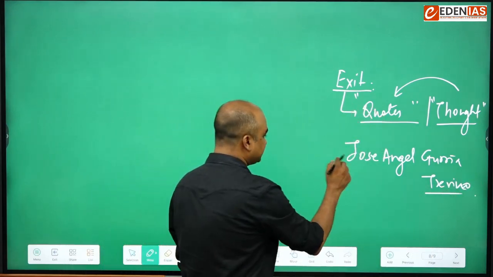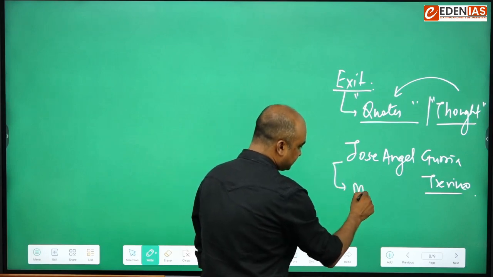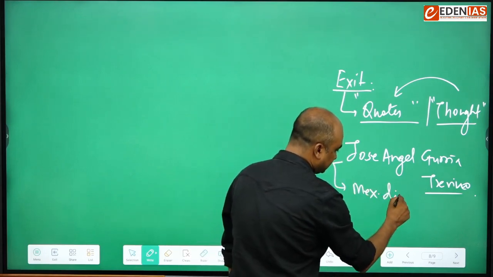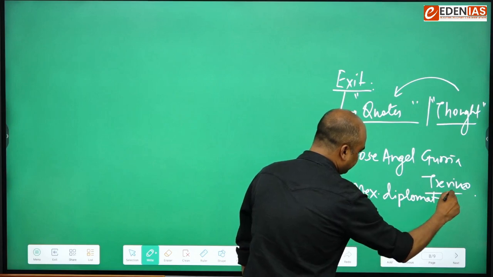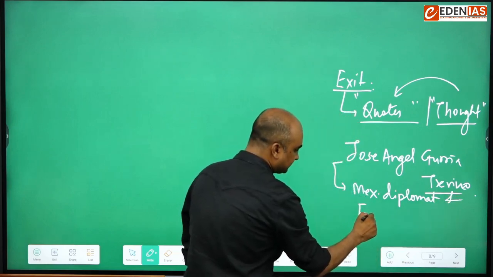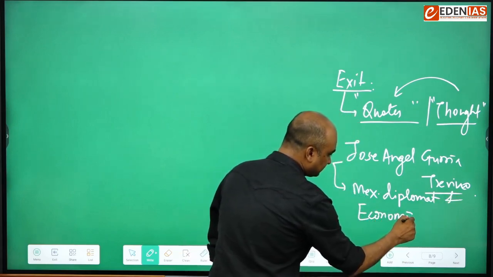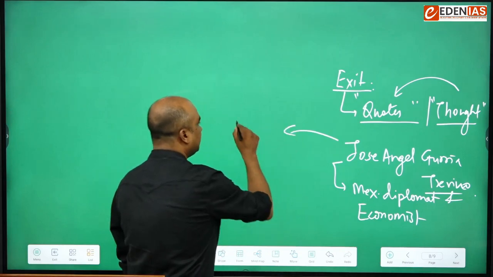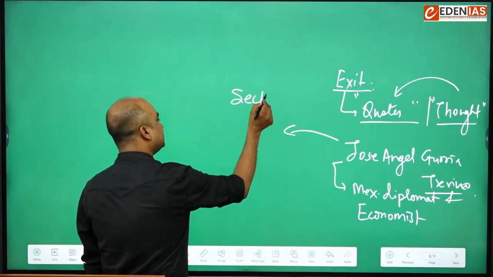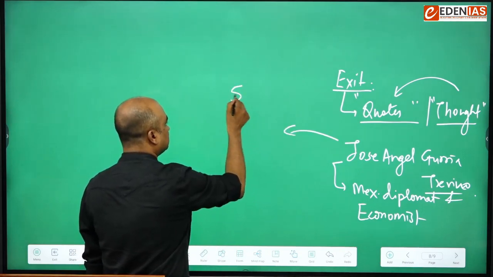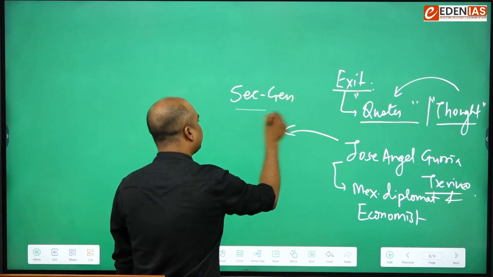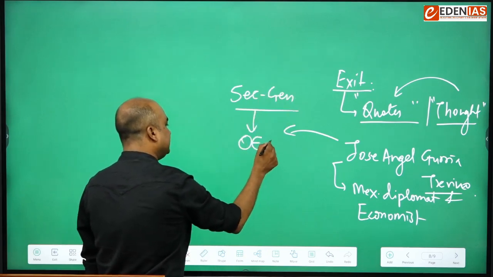Now, who is he? He is a Mexican diplomat and economist. Why is he so important? Because he was the former Secretary General of OECD.